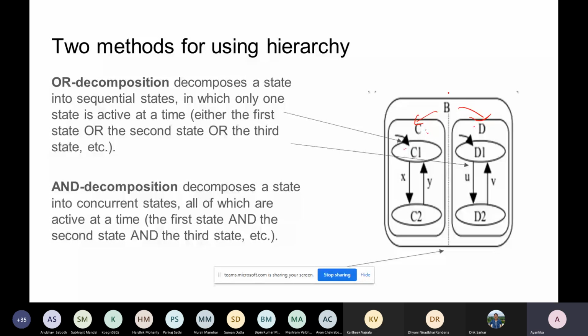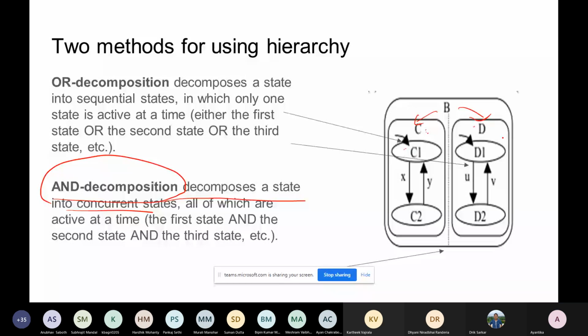Another term for that is AND-decomposition. What does it mean? Simultaneously we are considering the output of C and D, or they are running in parallel. At a particular time, both C and D are active.